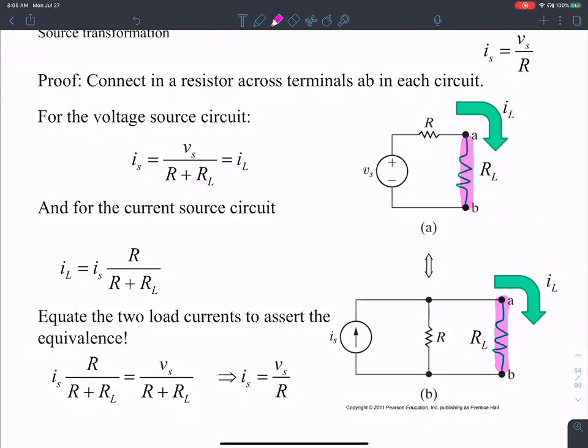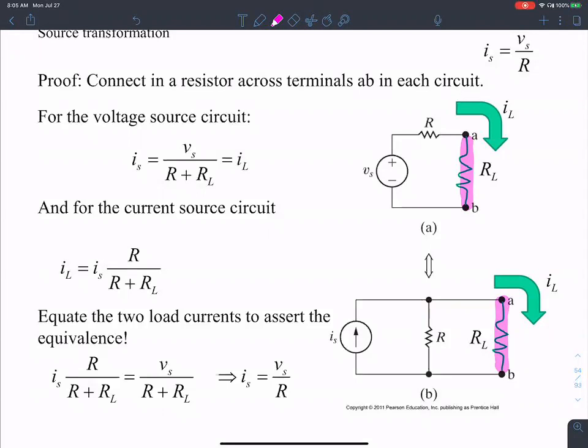The amount of current flowing through the load resistance in the top circuit is exactly the same as in the bottom circuit. And why is that the case? Well, that's by definition of equivalence.